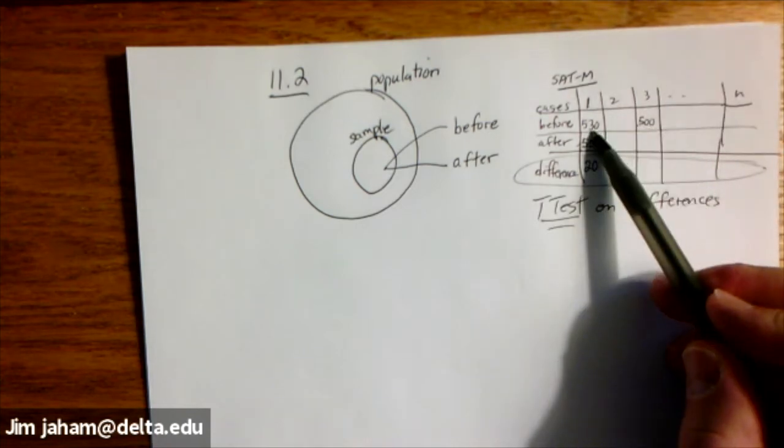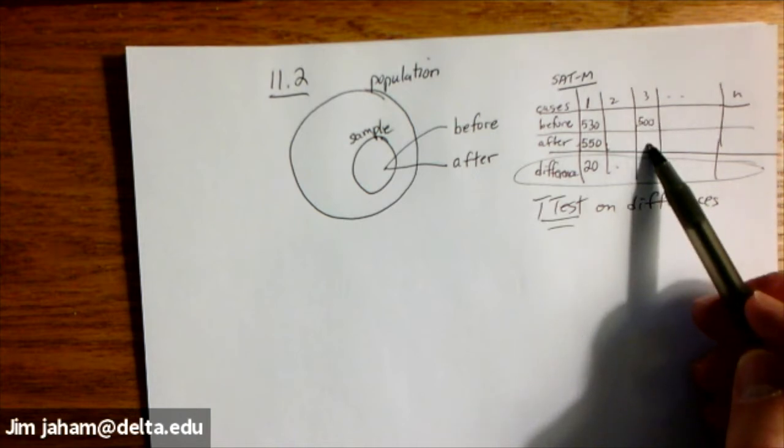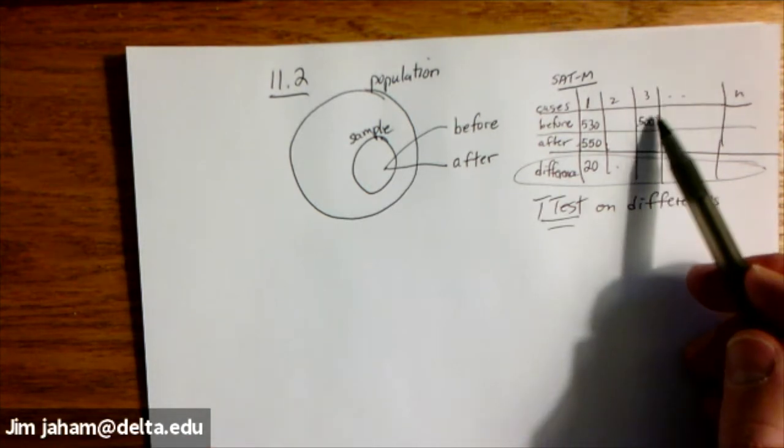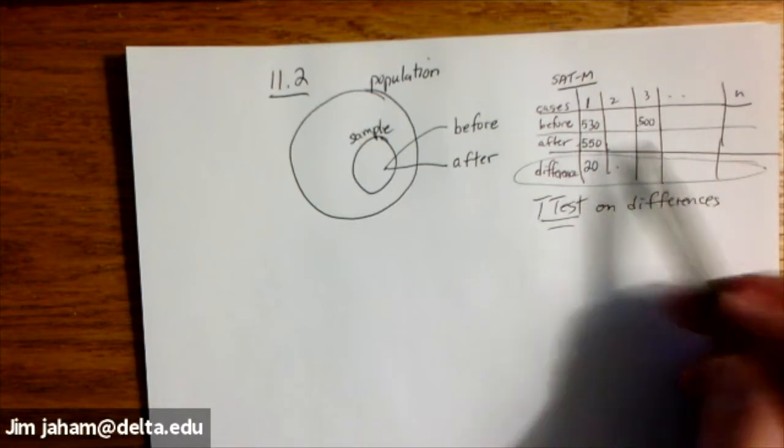Student 1 already had a 30-point better score than student 3. So we would expect this score not to be just some random score, it's related to student 3. So maybe on average they increase 20 points. Then we would expect 520, not 550.